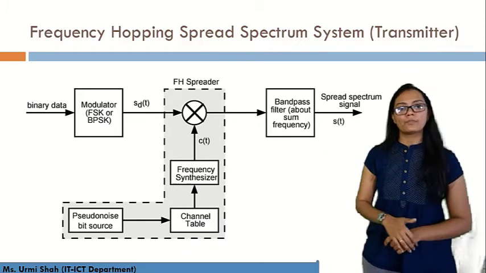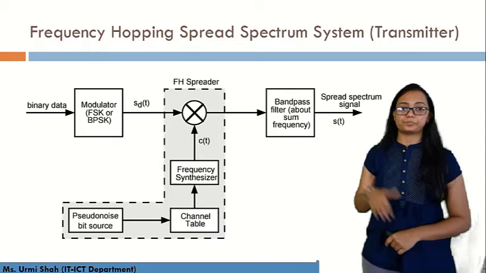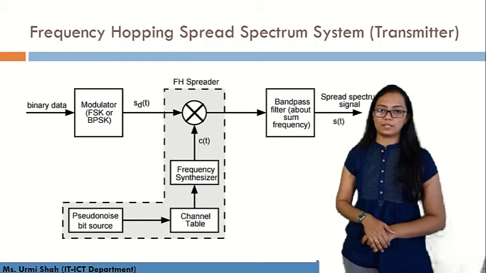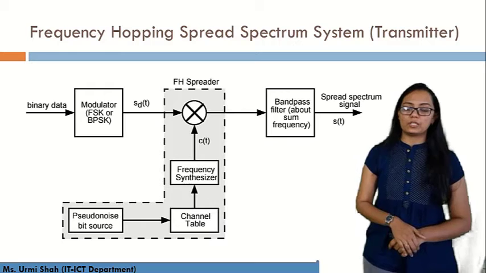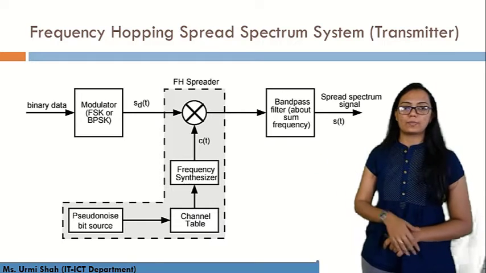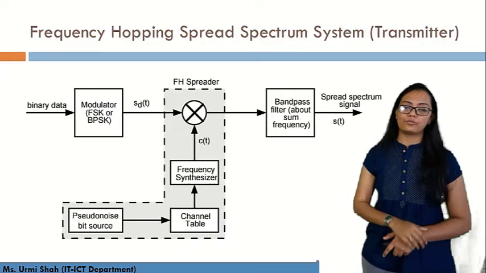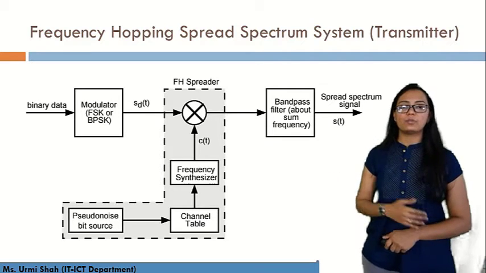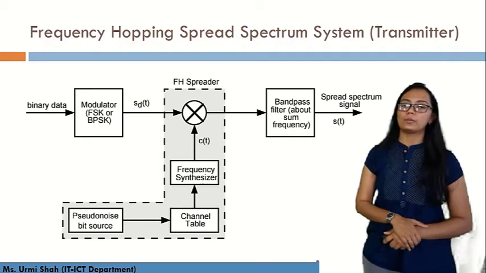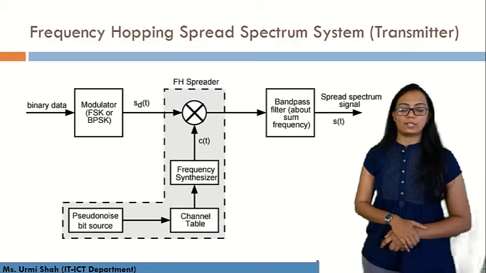That is the role of the band pass filter. After the band pass filter, the output generated is a spread spectrum signal, that is, S of t. This is how the frequency hopping process is performed on the transmitter side.